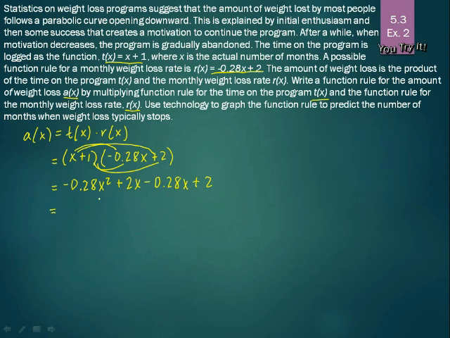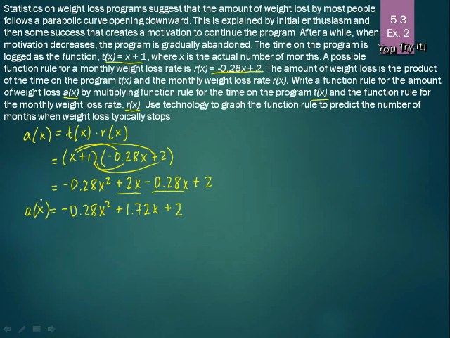So what we have left is negative 2800 x squared, and then we can combine the two middle terms since both have the x variable. Just doing the coefficients, 2 minus 2800 gives us negative 2798, so 1 and 7200 x, and then we still have the plus 2 on the end. And so that's our a of x function.